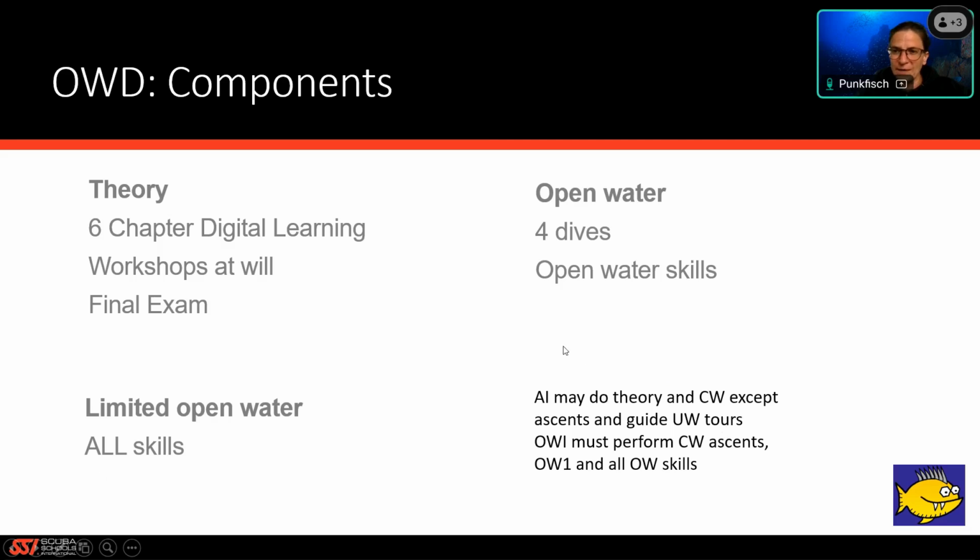The only exception are the emergency ascents. An assistant instructor can guide the tour part of the course, a little tour with a maximum of two students. In open water, the instructor has to perform all the ascents and all the skills, but not necessarily do the whole dive and the whole tour with the students.